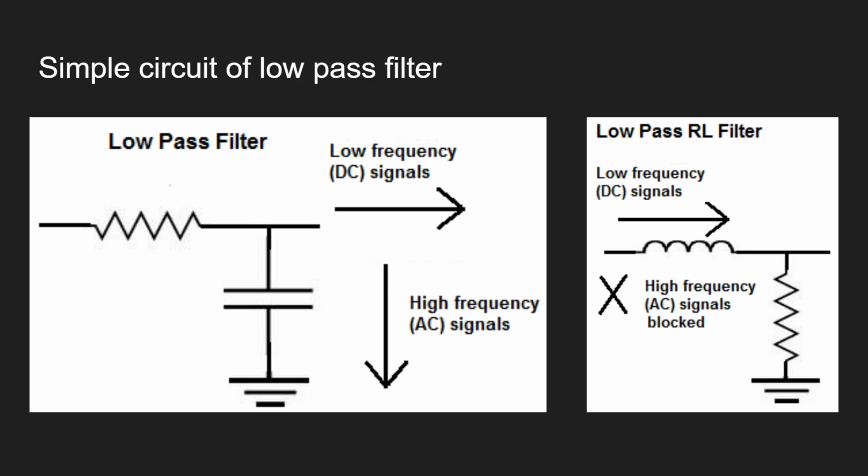So it blocks high frequency signals, only the low frequency will pass through. So that's why you see that the inductor and the capacitor are flipped. It's because sometimes you have to know when the inductance is used and when the capacitor is used. Yes, that's why they're flipped.